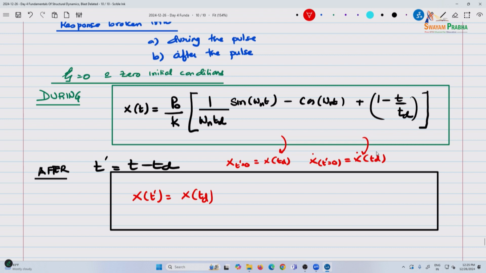So, it is a free vibration problem: x of t prime equals x of Td cosine omega n t prime plus x dot of Td by omega n sine omega n t prime. This is for t greater than Td, and the earlier expression is for t less than Td.